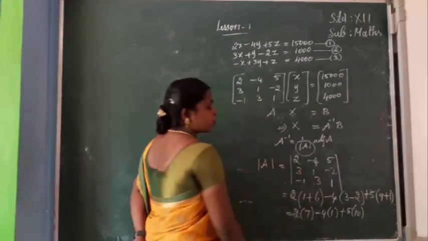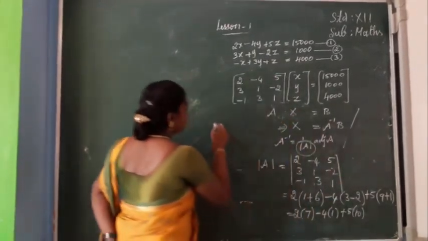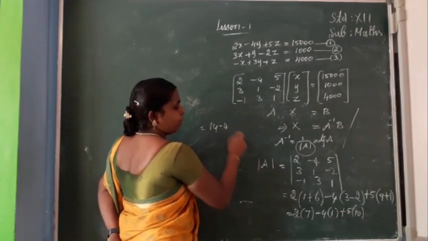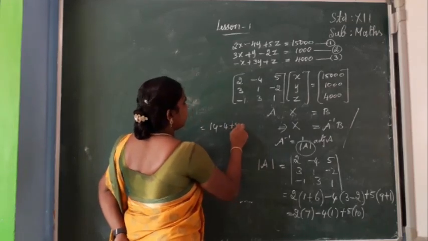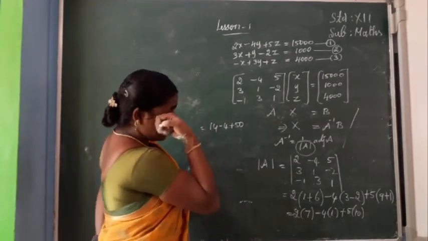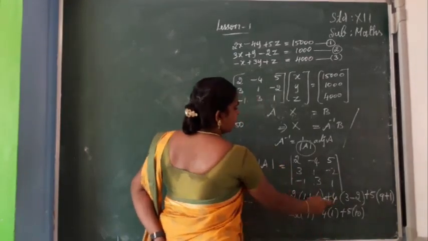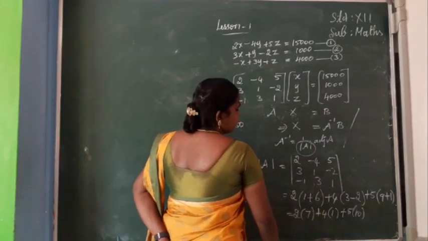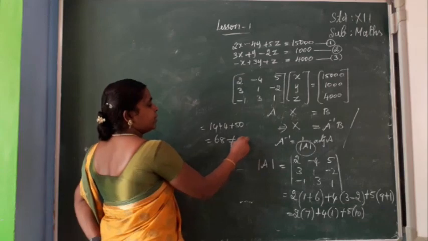Next you multiply: 2 7s are 14, minus 4 into 1 is minus 4, and 5 into 10 is plus 50. According to the rule it's plus. So we get 68, which is not equal to 0.